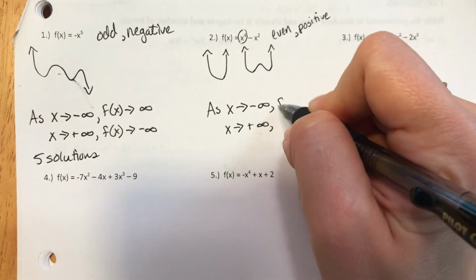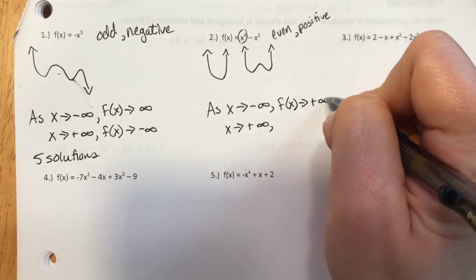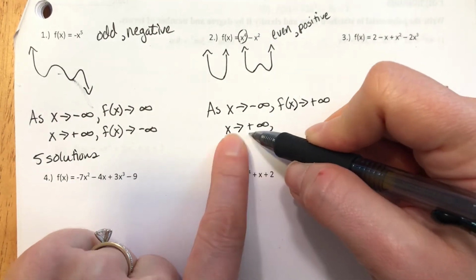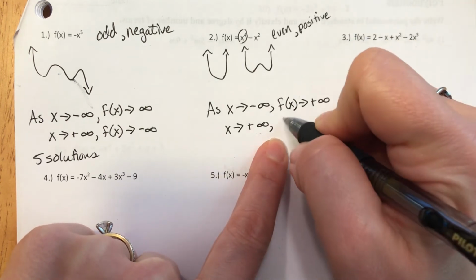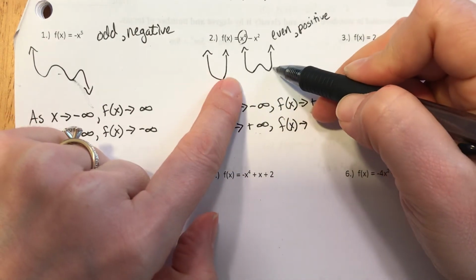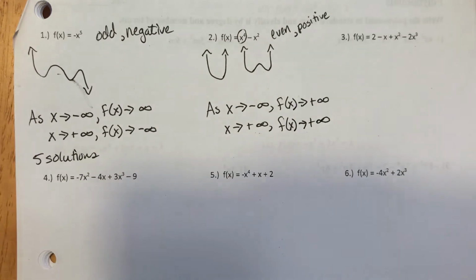So that means that f of x is going to go up. Up is positive infinity. For x, positive infinity means to the right. As x goes to the right, what happens to our y? Y goes up. So it also goes to positive infinity.